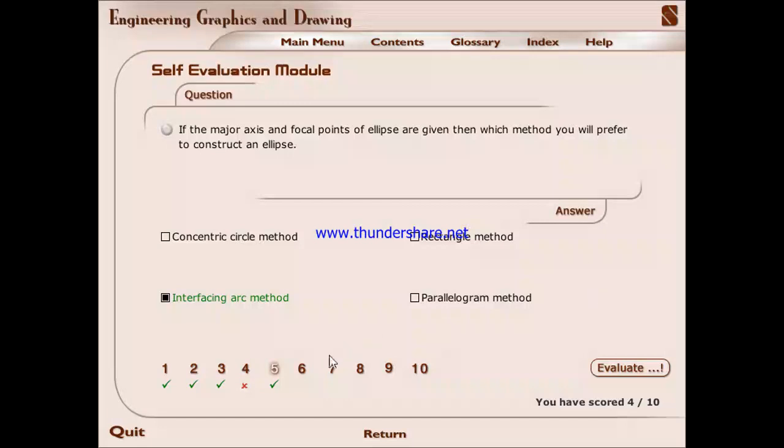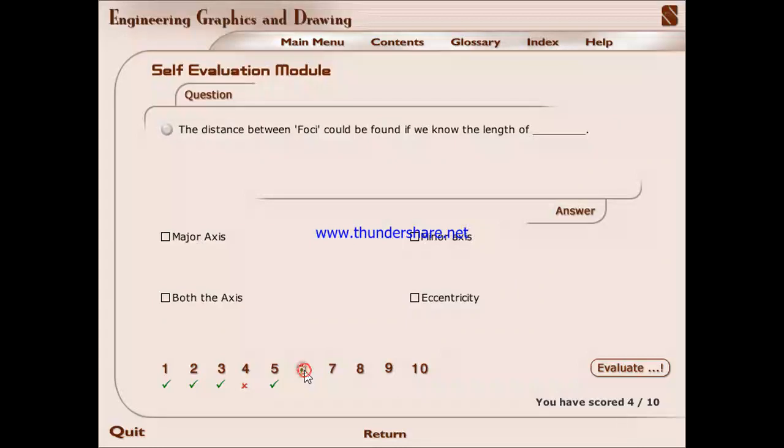Now we'll move to the sixth question. The distance between foci could be found if we know the length of dash: major axis, minor axis, both the axes, or eccentricity.